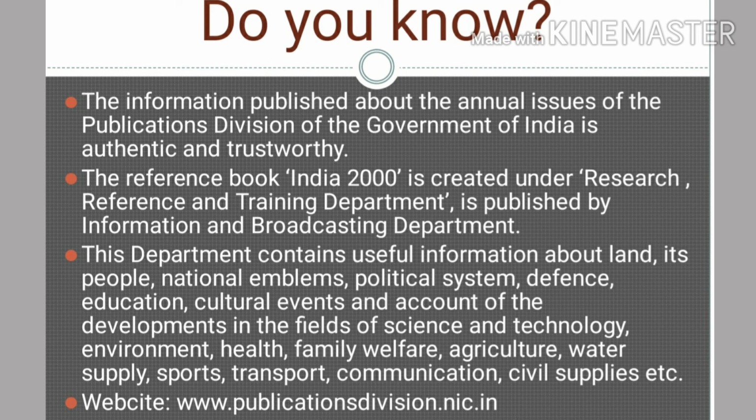This department contains useful information about land, its people, national emblems, political systems, defense, education, cultural events, and an account of the developments in the field of science and technology, environment, health, family welfare, agriculture, water supply, sports, transport, communication, civil supplies, etc. So have you understood about this department, children?